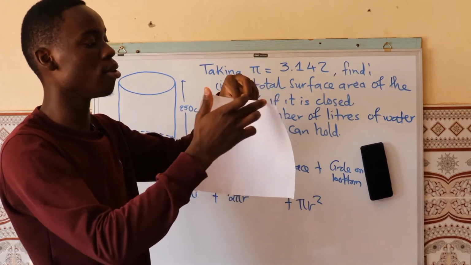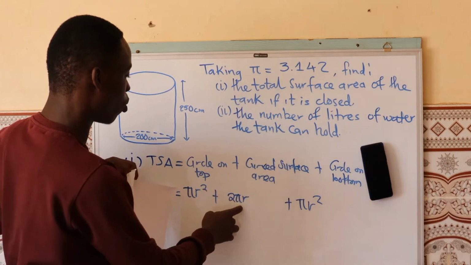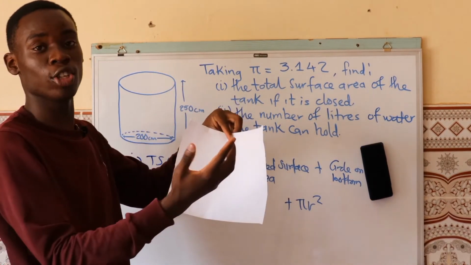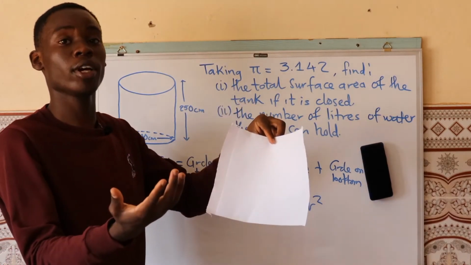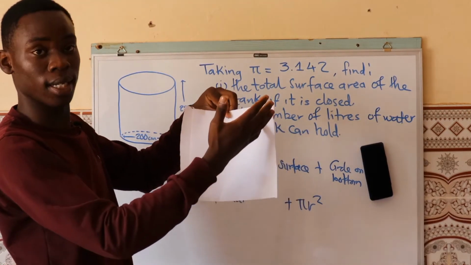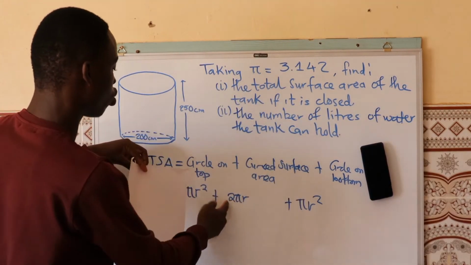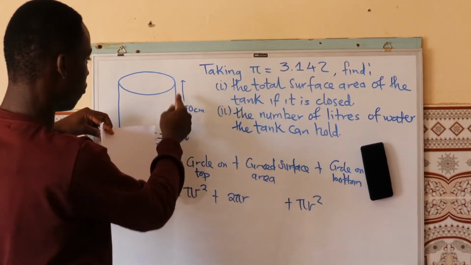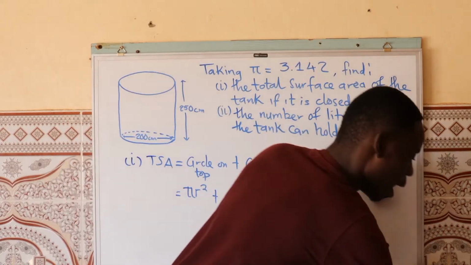So this is the circumference of the circle, and this is what we have, 2 pi r times the height. In other words, you're trying to calculate the area of the rectangle, which is height times the breadth. So this is 2 pi r times the height. We've been given the height, so times the height.